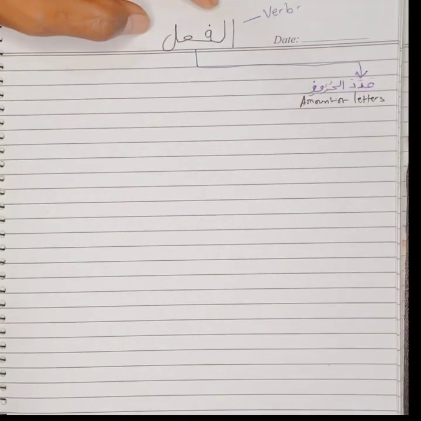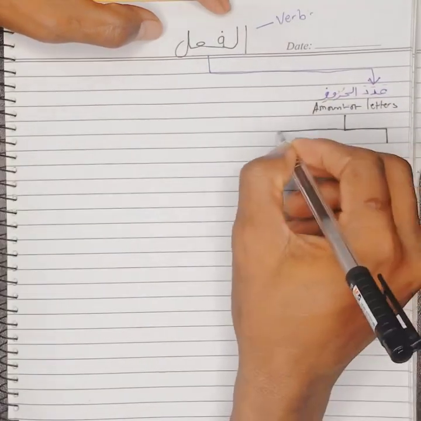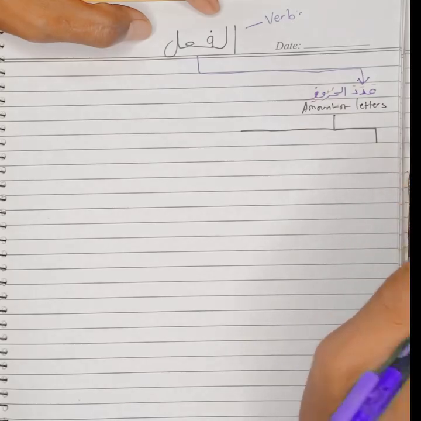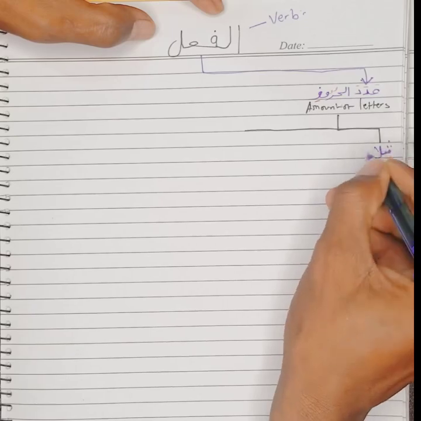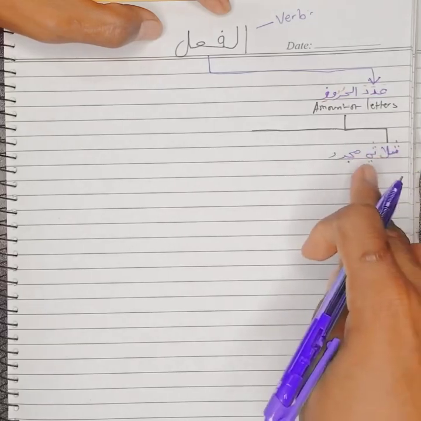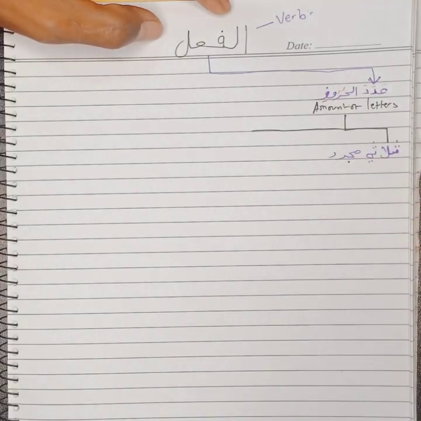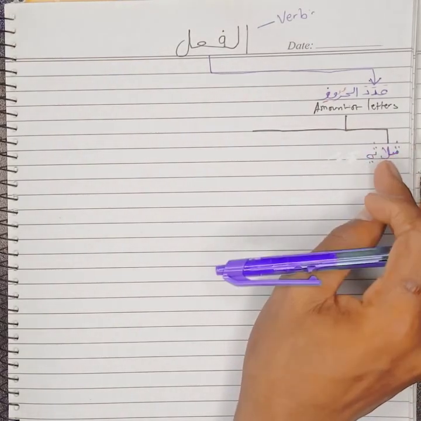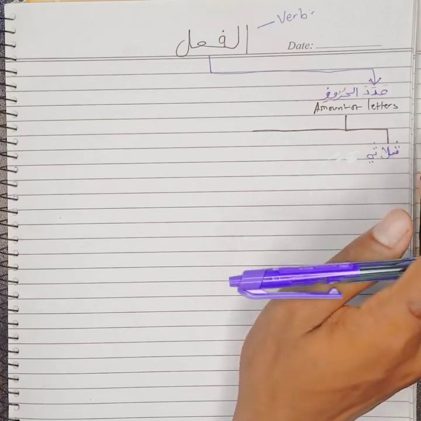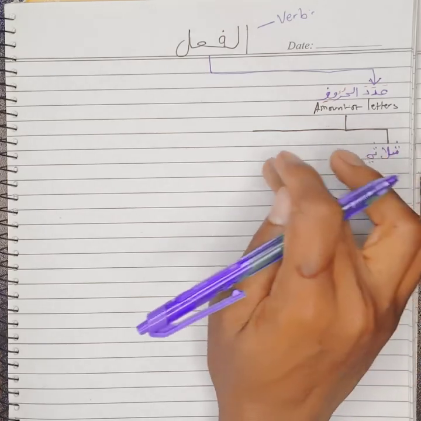Let's look at this division. First, we have Thulathi Mujarrad. Thulathi Mujarrad means verbs that are made up of three letters without adding anything to them. The verbs in Arabic are divided into two categories based on the number of letters: Thulathi, then Ruba'i.